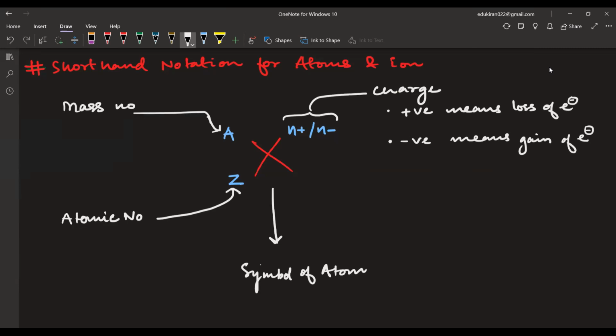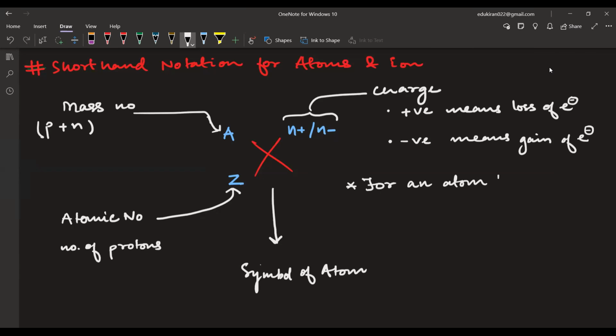See, so atomic number is the number of protons. Mass number is number of protons plus number of neutrons. Now also remember, for an atom, that means it will be what?